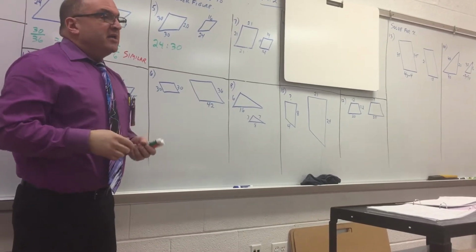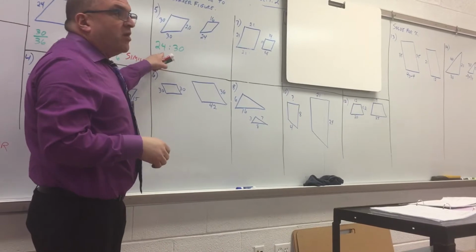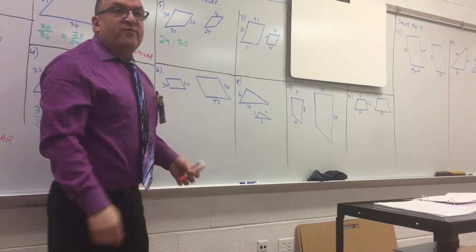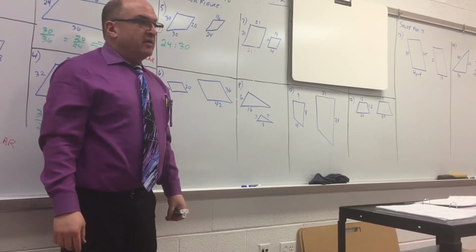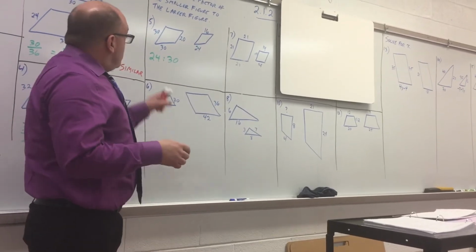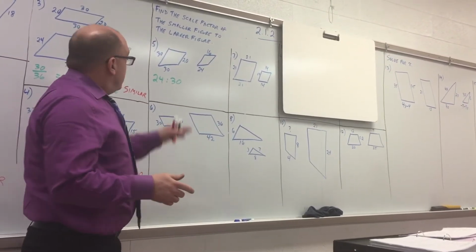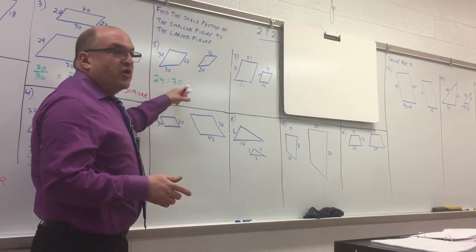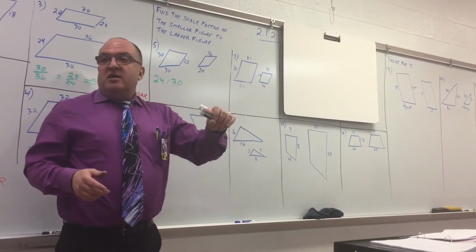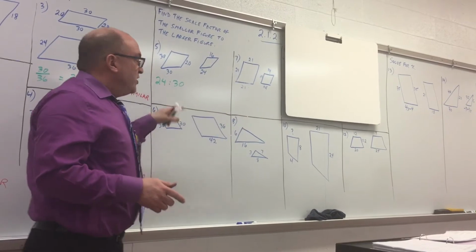Now, on your calculator, I'd like you to do 24 ABC 30, or 24 fraction 30. If you do that on your calculator, it gives you the answer right away. If you don't know how to do that, I will show you after I do the lesson.